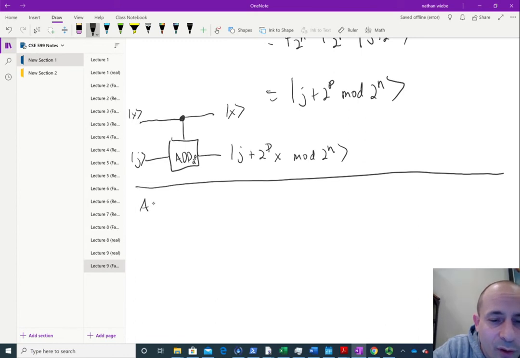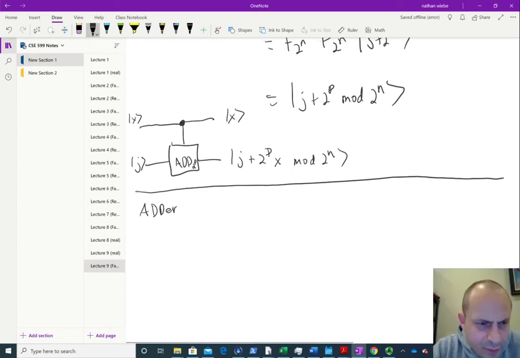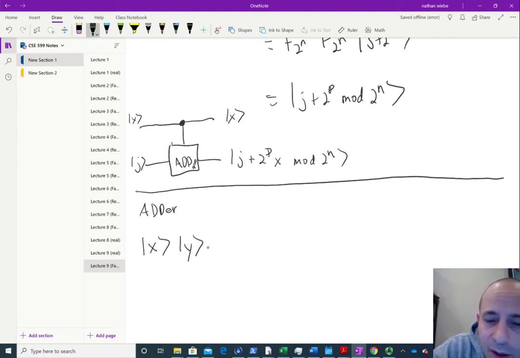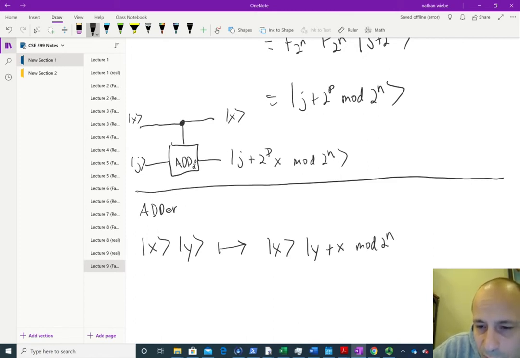Okay, so now we are just about ready to build an adder. The way that we end up doing this is let's consider the simplest adder that I can think of. So let's consider an adder that maps x, y to x, y plus x mod 2 to the n.